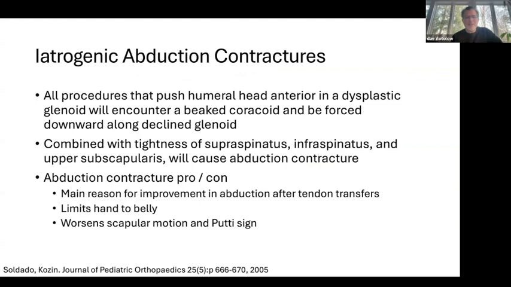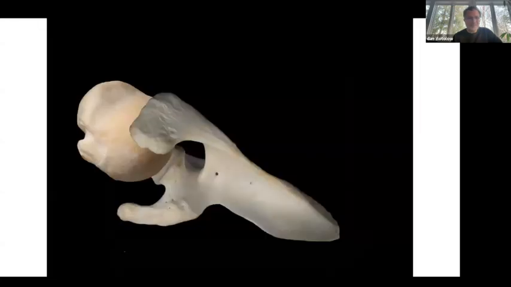And this combined with the tightness of the supraspinatus and the infraspinatus, as well as the upper subscapularis, which is 5-6 innervated, will cause this abduction contracture because you're basically forcing the head down while maintaining the tightness of the upper cuff. And these abduction contractures, again, give you an improvement in abduction, but it limits your hand to belly or midline function, and it worsens scapular motion and the putty sign.